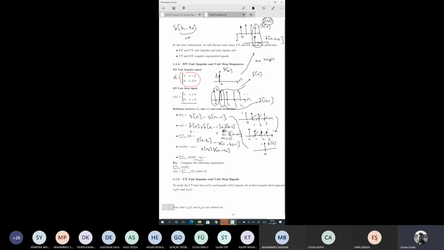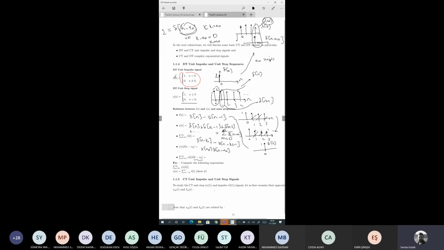If k minus n0 is 0, then k equals n0. So if k equals n0, this relationship is equal to 1. So this term here must be equal to 0 for impulse of k minus n0 to be 1. What does it tell you? If k equals n0, this is simply 1.